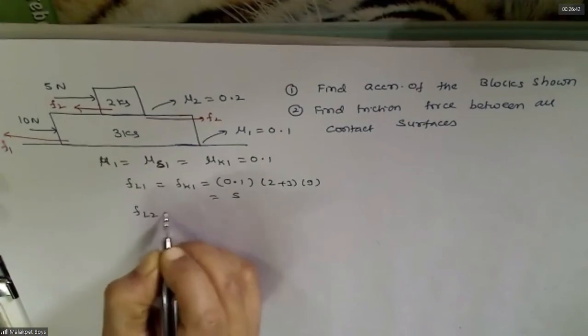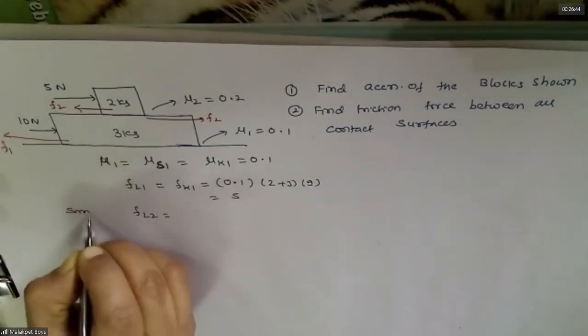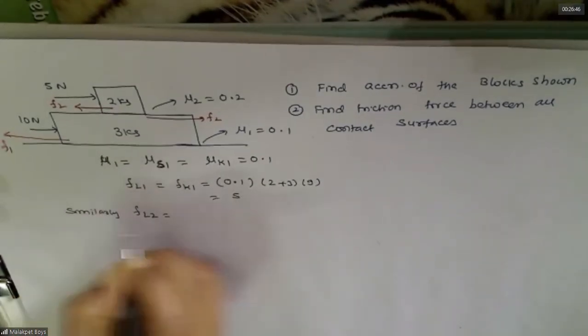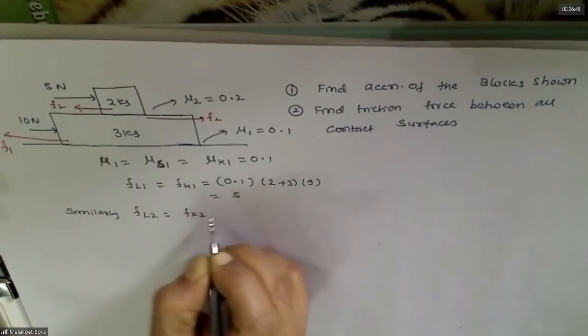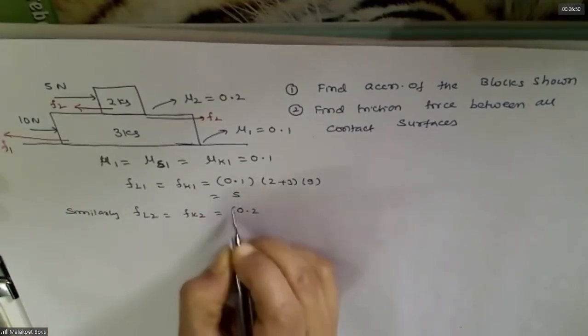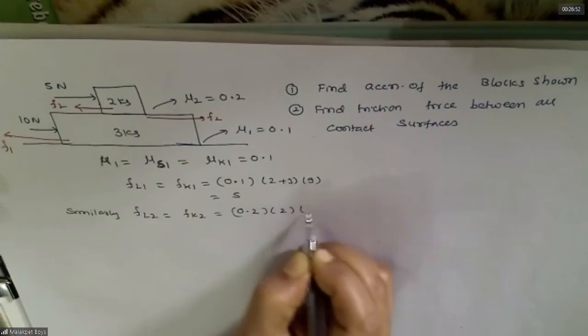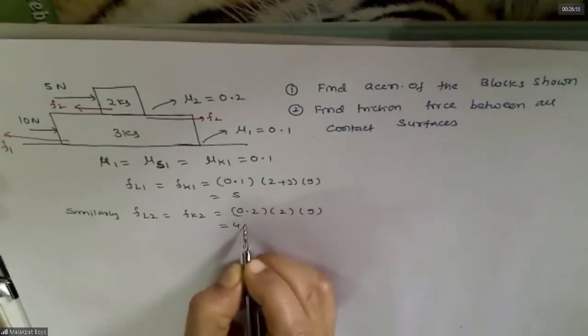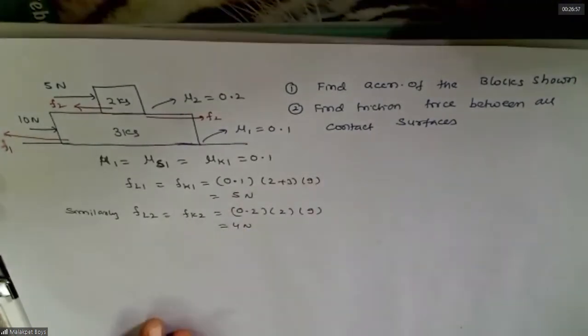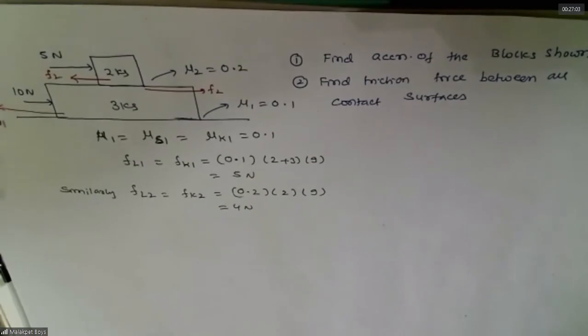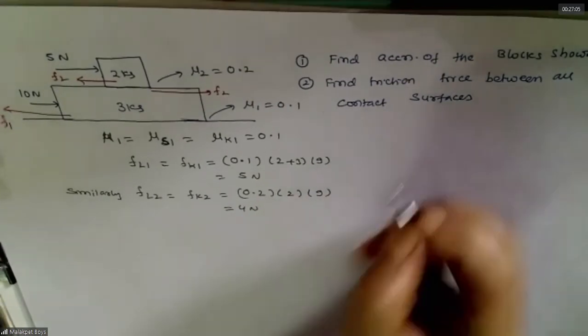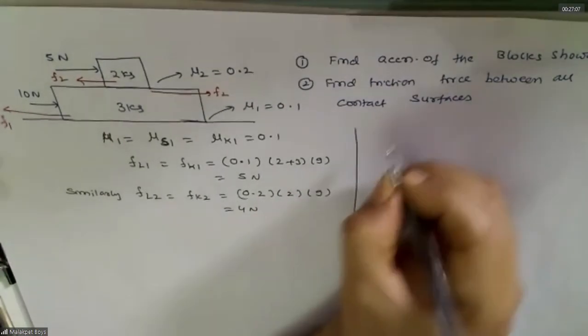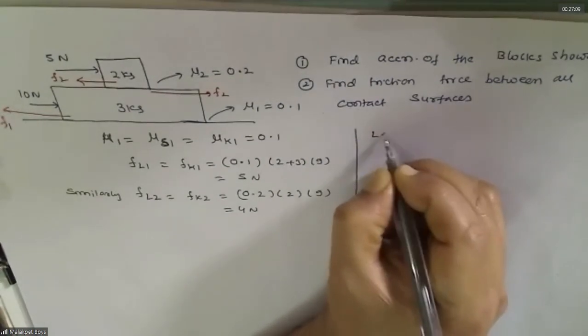Similarly, FL2 is mu into 2 into G. Do you agree with this? Follow this? Then the next one is, we'll assume that the blocks will move together. Agreed?